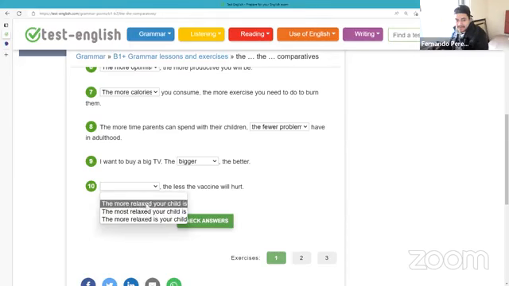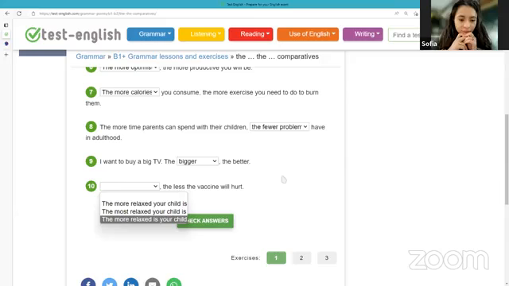In the sentence, we have the more relaxed, the most relaxed. The more relaxed is your child. The more relaxed your child is.